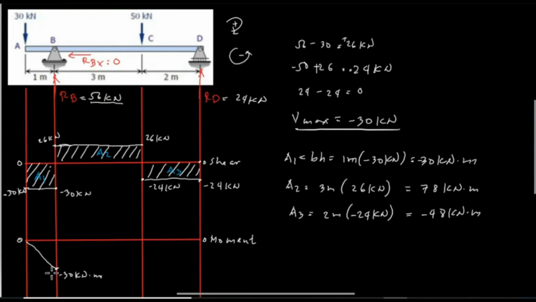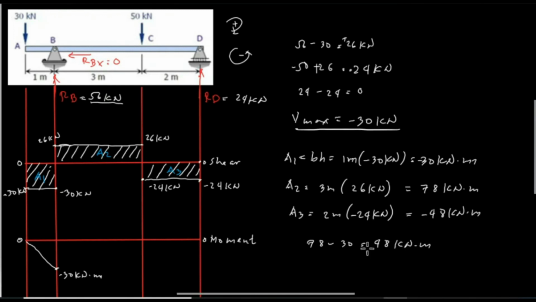Next, from point B to point C, we have area 2, which is 78 kilonewton meter. And 78 kilonewton meter is positive, added to the value at B, which is negative 30. So 78 minus 30 is equivalent to 48 kilonewton meter.